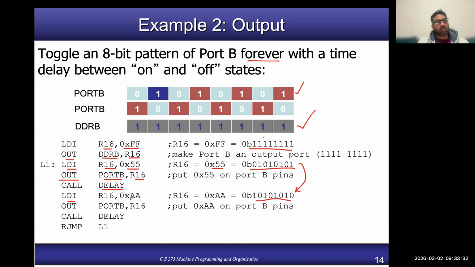So you put 0xAA in R16, and then send R16 to port B. You are writing this bit pattern to port B, and then you call the delay again. Then you do it in an infinite loop, forever, so you do a relative jump back to L1, and the same thing will be done again.